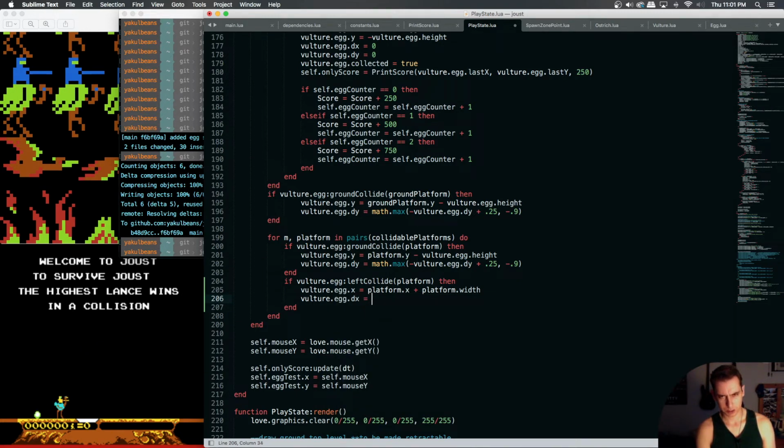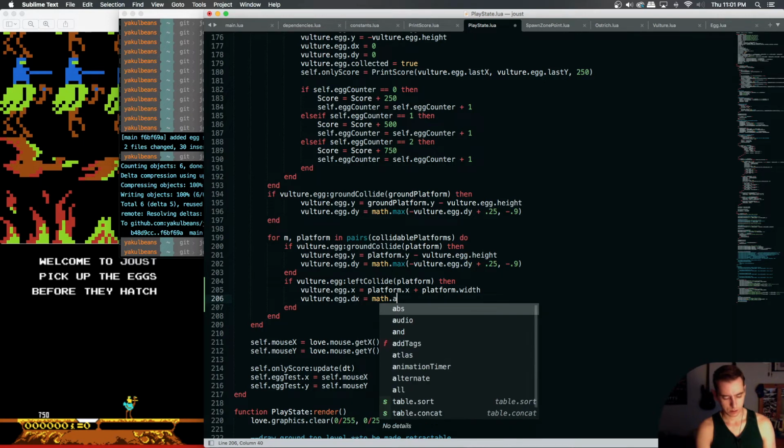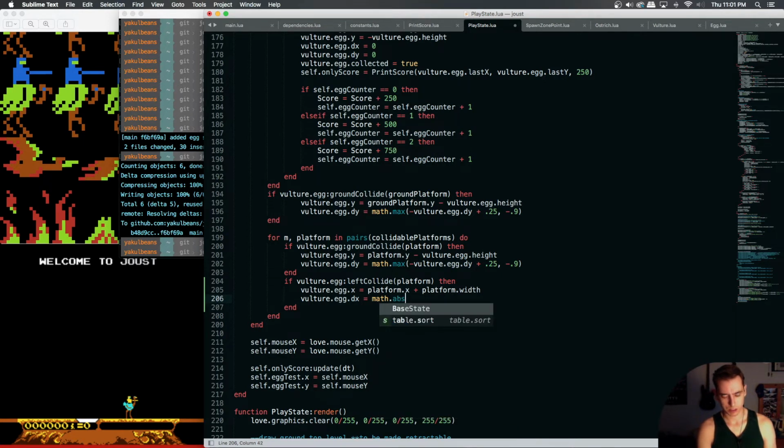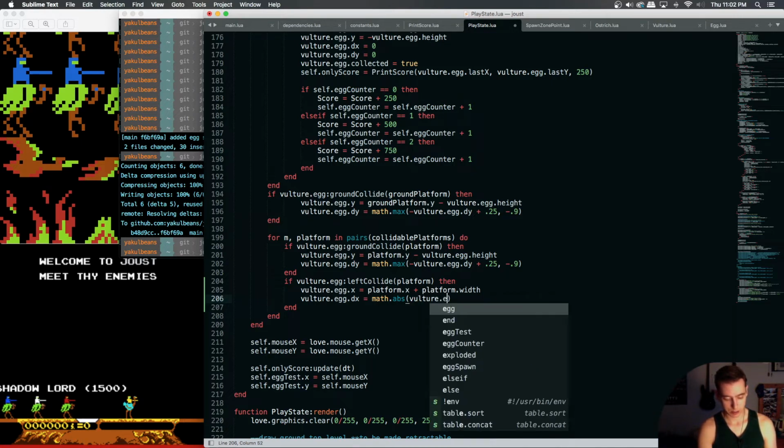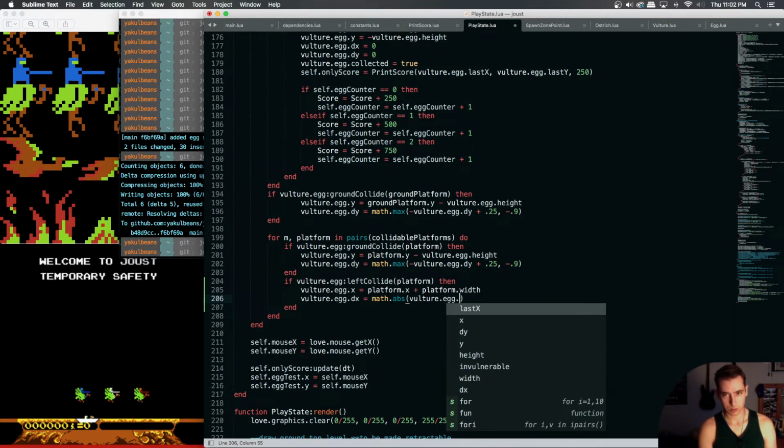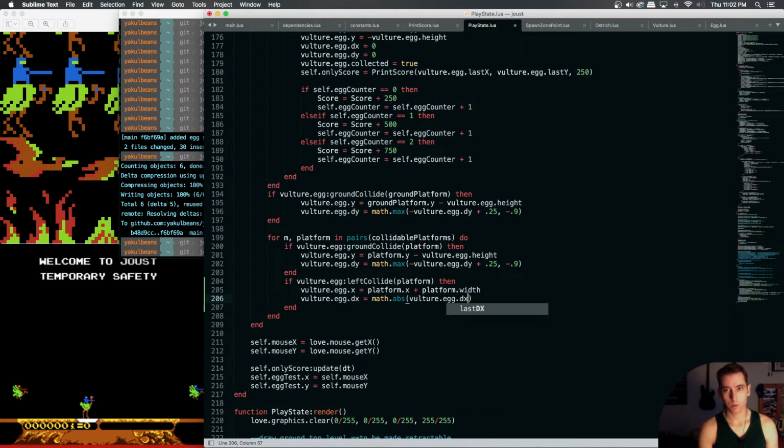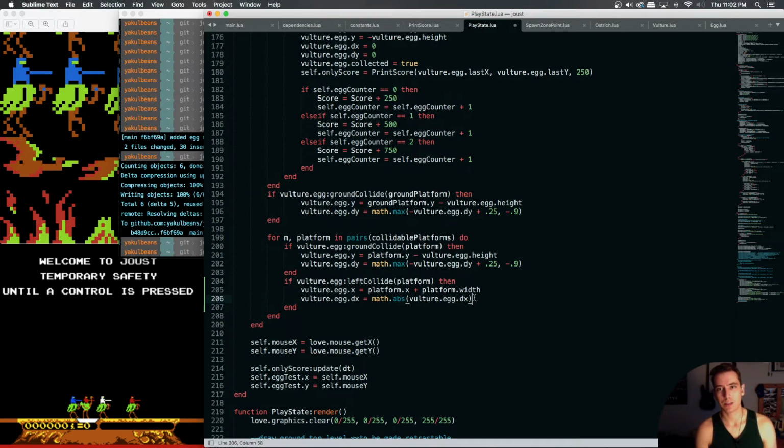We just give our dx to be positive, whatever its dx just was. So we take the vulture's egg dot dx, which is xward velocity. We get the absolute value of that and we assign it into its dx.